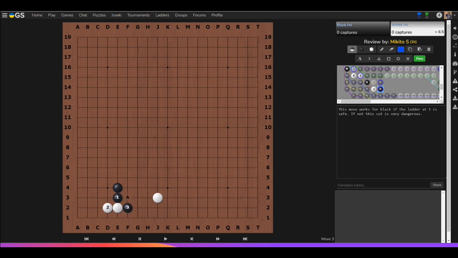Now, when black plays this hane on the outside, this 1-3 move really only works if the ladder works here. If the ladder doesn't work here, then this cut is actually extremely dangerous for black. So understanding when you thrust down on an opponent like this, you need this outside ladder to work if white chooses to play B. If this ladder doesn't work, then you need to not play this move here.